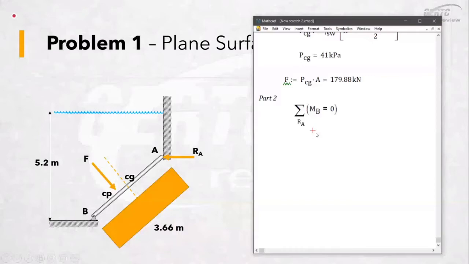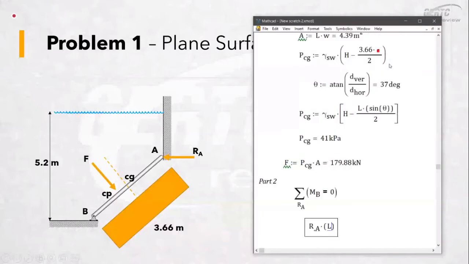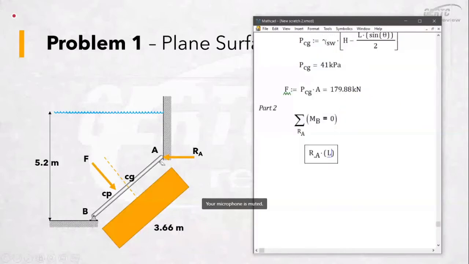The moment arm is not the length 3.66 meters but the projected distance, which is L times the sine of theta.